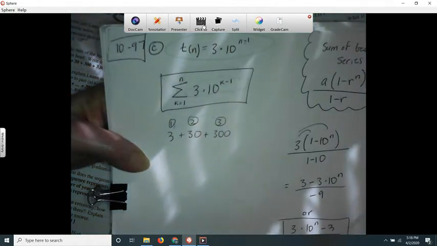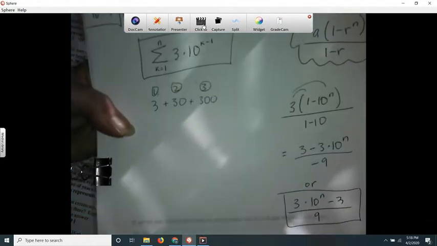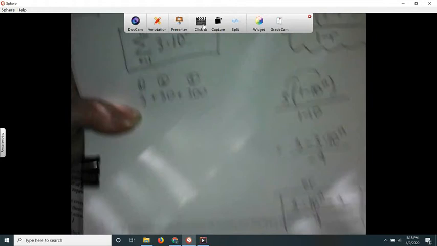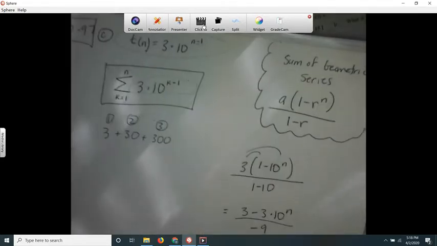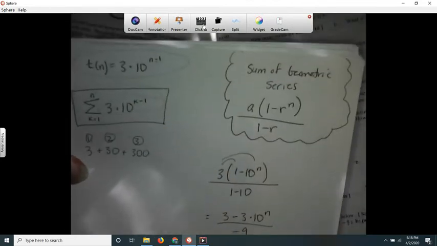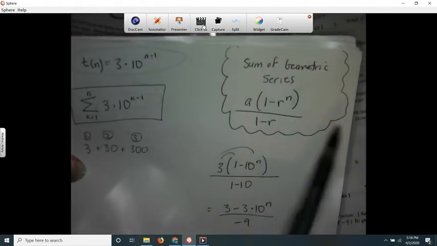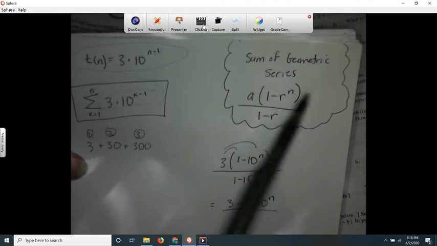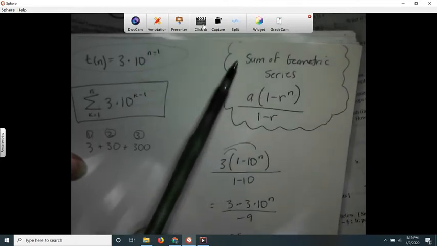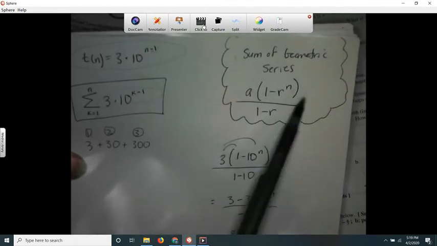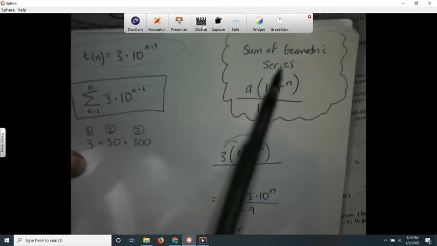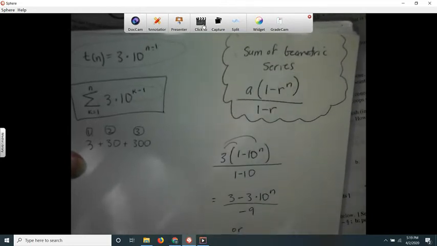And then it also wanted something else. It wanted us to write an expression for the total sum of the n terms. So in the very last video that I published, or maybe a couple videos ago, we learned that the sum of a geometric series, you can use this formula, and this is in one of your math notes boxes.